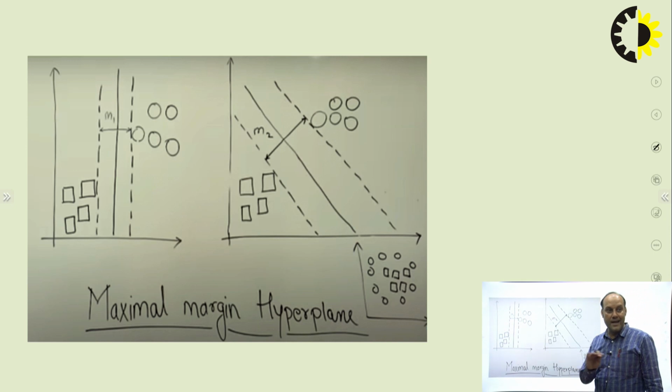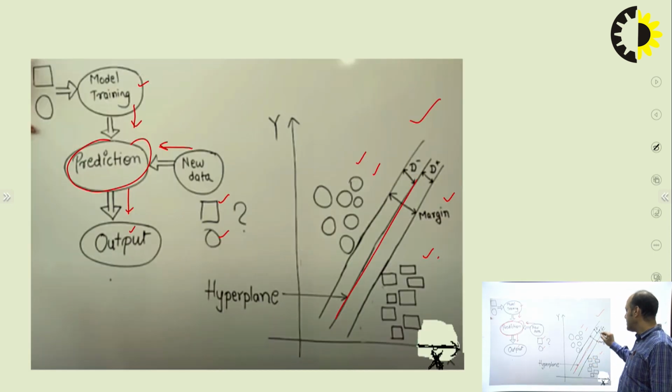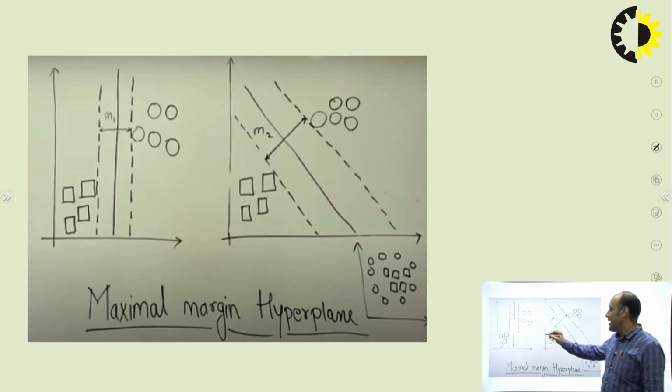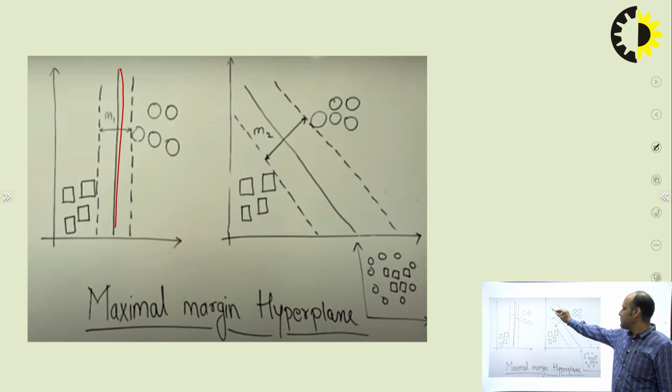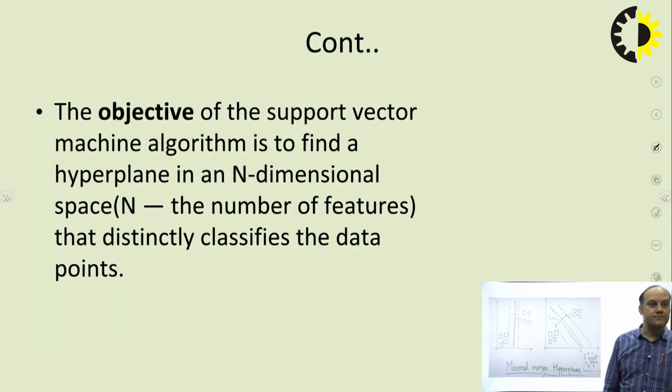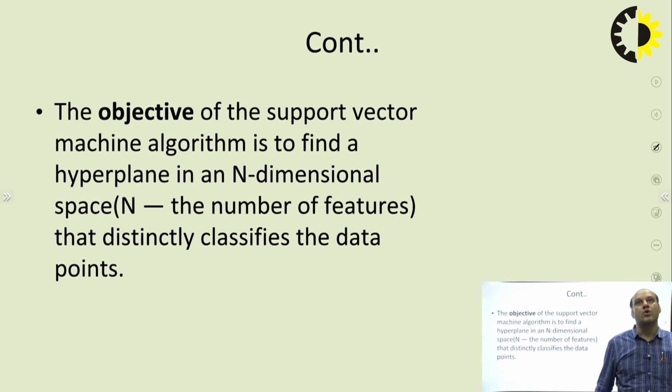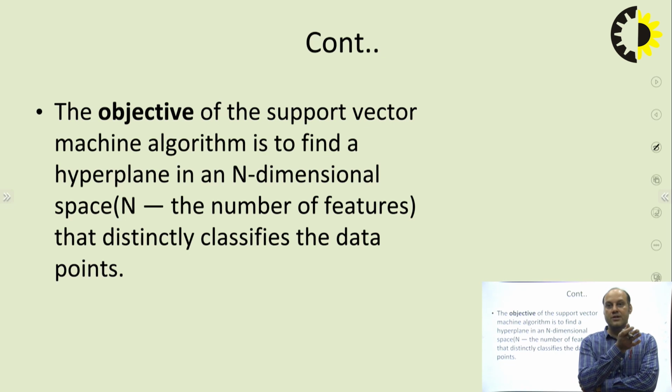That hyperplane can be something like this also, that hyperplane can be here also, that hyperplane can be this also, right? So it depends. So what is the objective here? The objective of the support vector machine algorithm is just to find the hyperplane in an n-dimensional space, right?